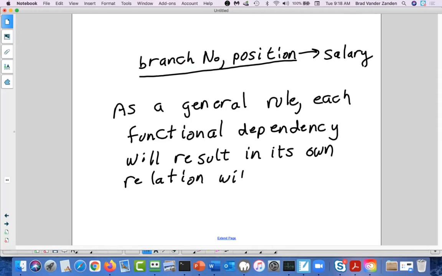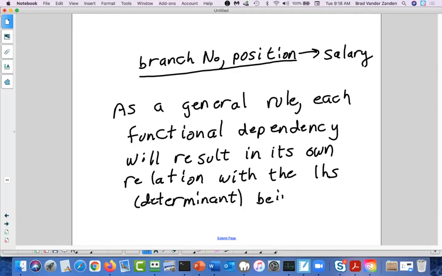With the left-hand side, namely the determinant, being the primary and/or foreign key.